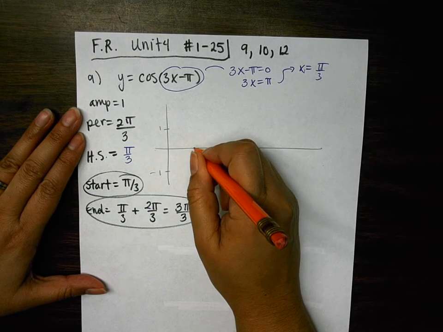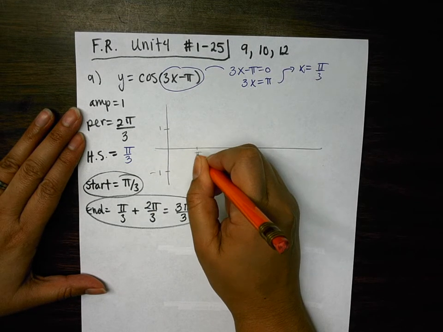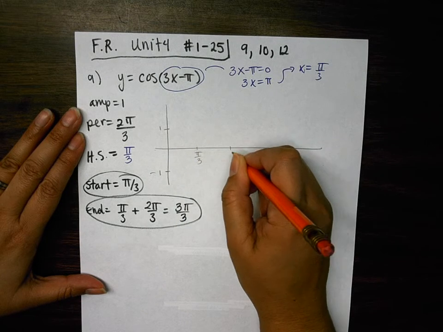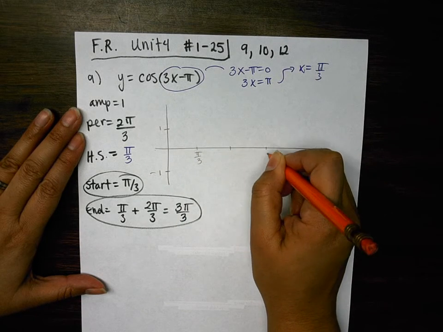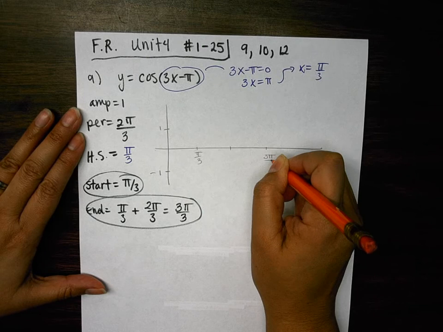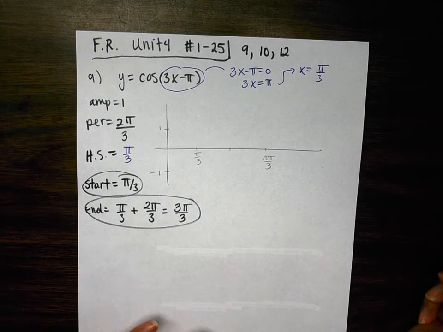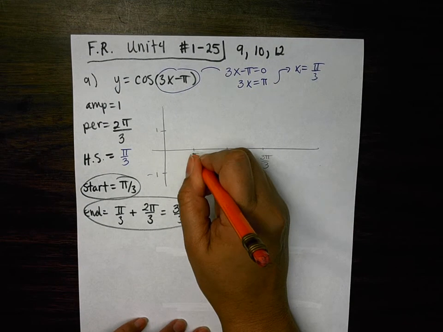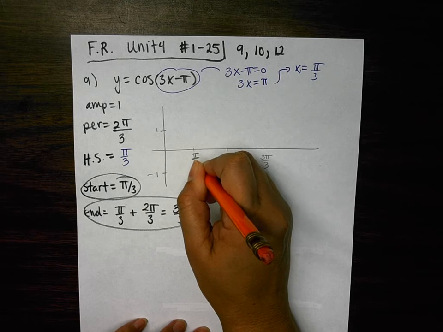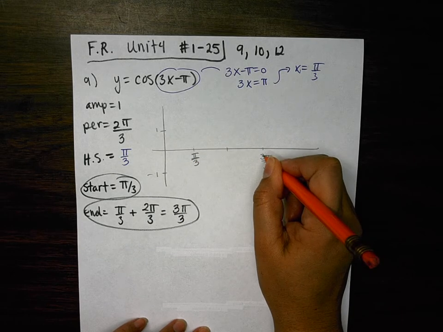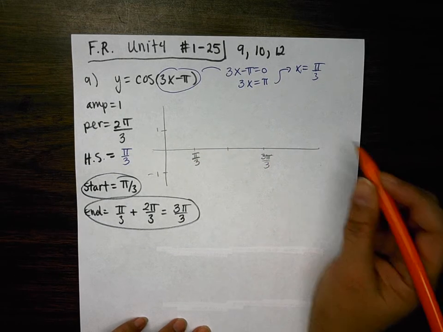Okay. So my start is pi over 3, 2 pi over 3, my end is 3 pi over 3.